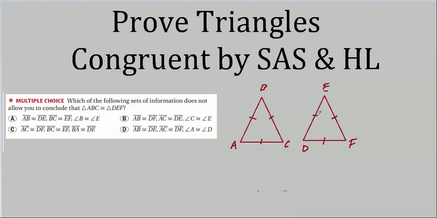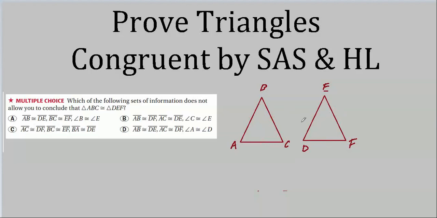It seems like they just restated what they put in Part A in a different order. In other words, side-side-side. The three sides are congruent, so this would imply that they were congruent. So B is still looking like our best choice.